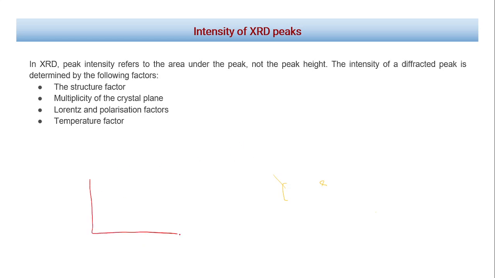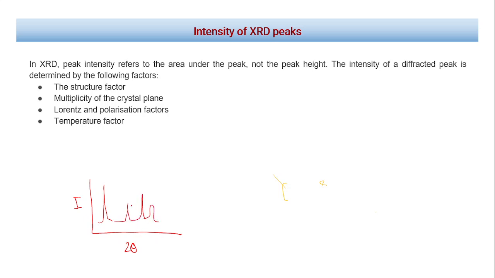When we get the data, we get intensity versus 2 theta, and I had also explained why we take 2 theta on the x-axis and not only theta. So when we get the graph, we get peaks corresponding to different 2 theta values.